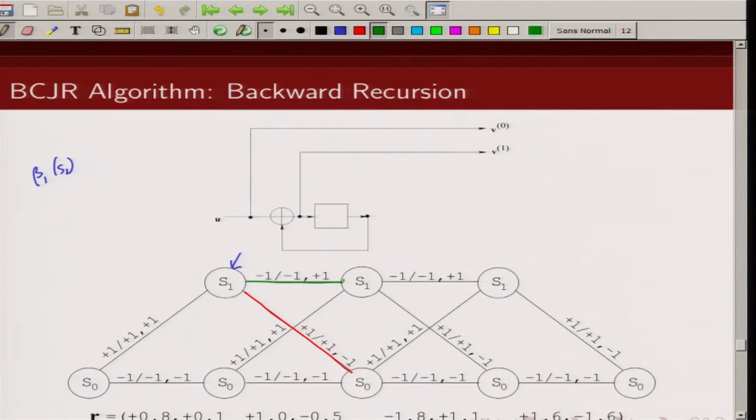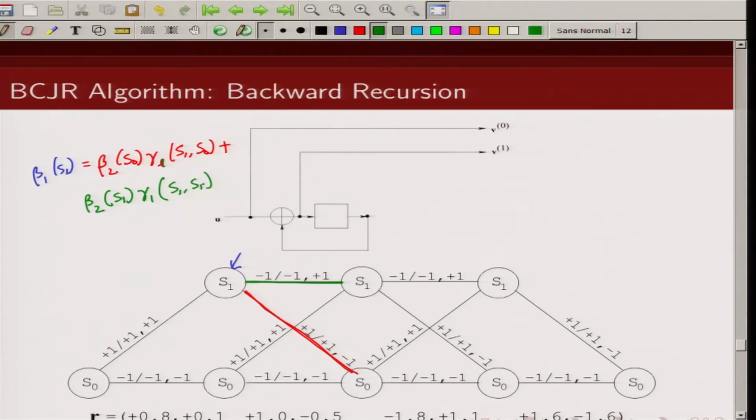So, what is the contribution from this transition? This can be written as beta 2 S0 times gamma 1 S1 S0 plus, and the contribution from this will be beta 2 S1 times gamma 1 of S1 S1.